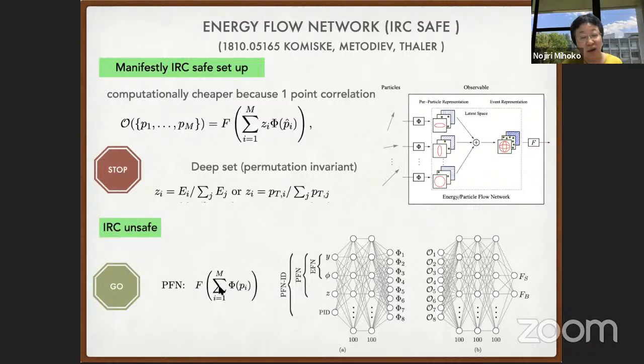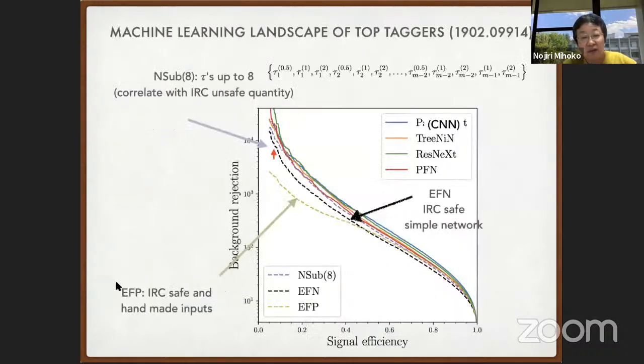Then there is the other one called the particle flow network, which doesn't respect this kind of structure, so you can directly compare how these two are different.